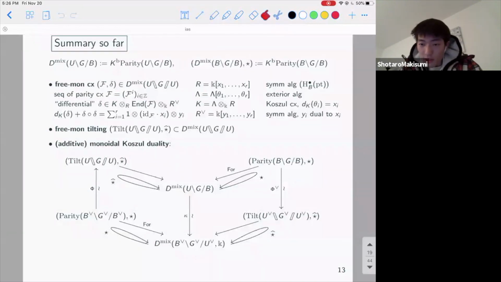How do the Bezrukavnikov-Yun duality and the duality on the last page relate? Sorry, this was a while back, but in Bezrukavnikov-Yun, the coefficients were characteristic 0, and in fact, the categories involved don't even make sense in positive characteristic. So already the definition of the mixed category is something that Achar and Riche had to come up with.